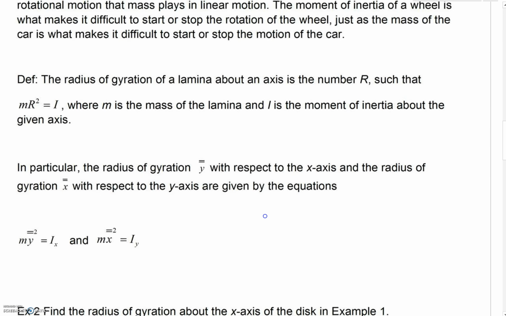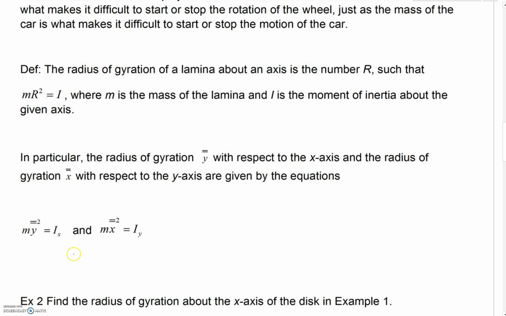And again, I hope you can see when you've got this moment of inertia about the x-axis, like here's that x-axis, just as you have this I sub x, you're going to have your r, which is actually going to be a different variable.